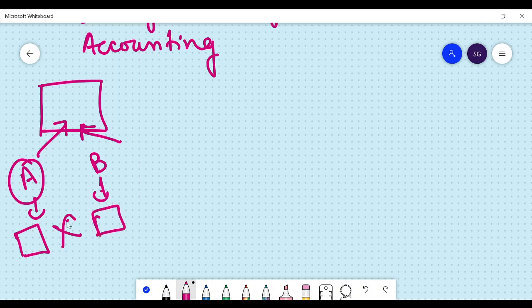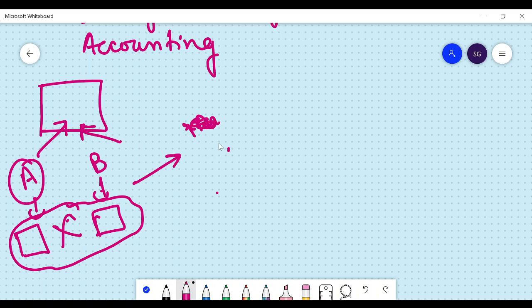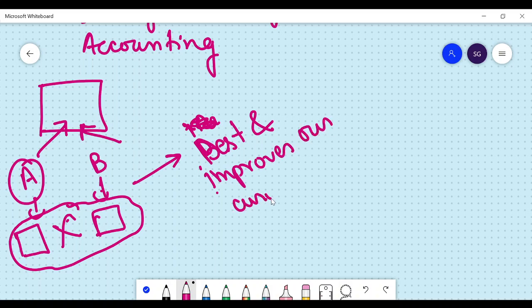So, when we combine the good of everybody around us, we can create a process which is best and improves our current performance, because we are including the industry best practices. This is what is benchmarking. So, benchmarking provides performance measures that are strategically important.